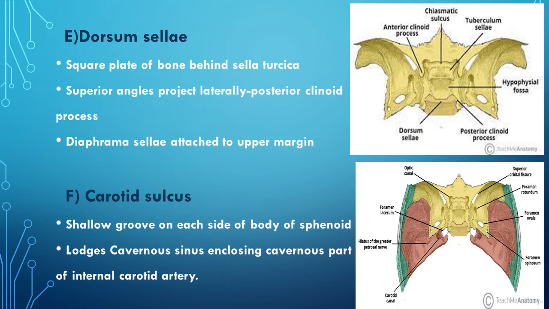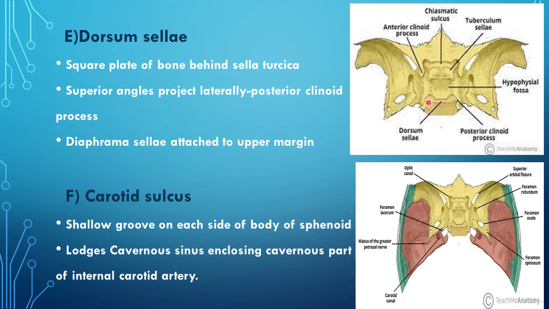Next feature is the dorsum sellae. Now here we just finished the sella turcica, right? The sella turcica, we said, is a depressed region, and the deepest part forms the hypophyseal fossa. Behind the sella turcica, there is a square plate of bone. See this bone? This square plate of bone is called the dorsum sellae.